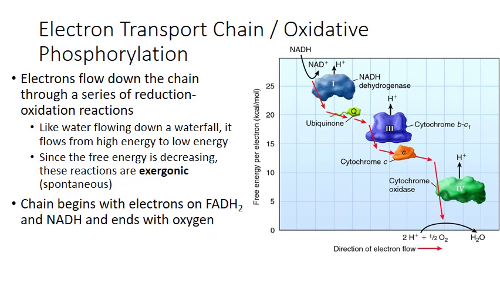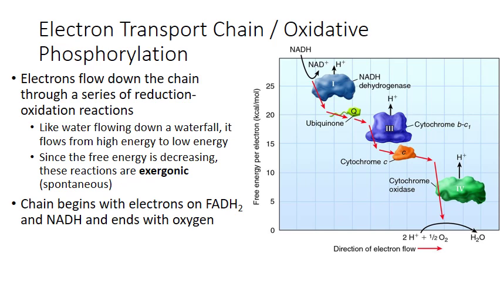Yeah, so we have a high energy electron. So we're oxidizing this NADH, so it's going to lose an electron. And as that high energy electron flows down the electron transport chain, it's going to be releasing some energy at each step. And the final electron acceptor is this oxygen.